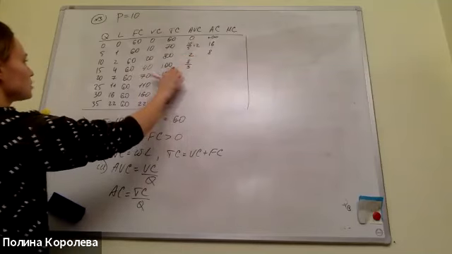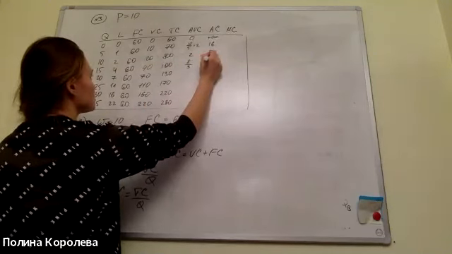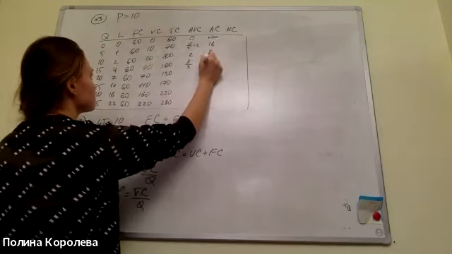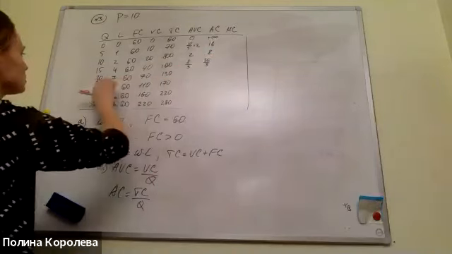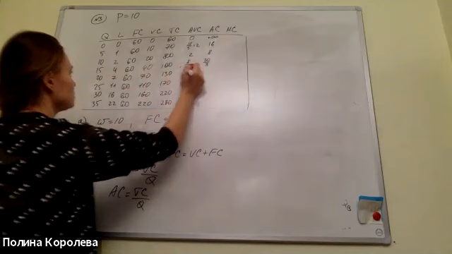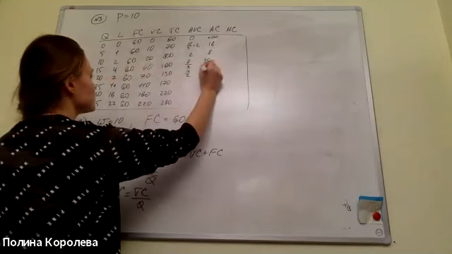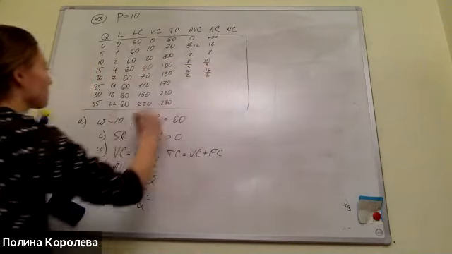And 100 over 15, it's 20 over 3. Then 70 over 20, it's 7 over 2. 130 over 20, 13 over 2.